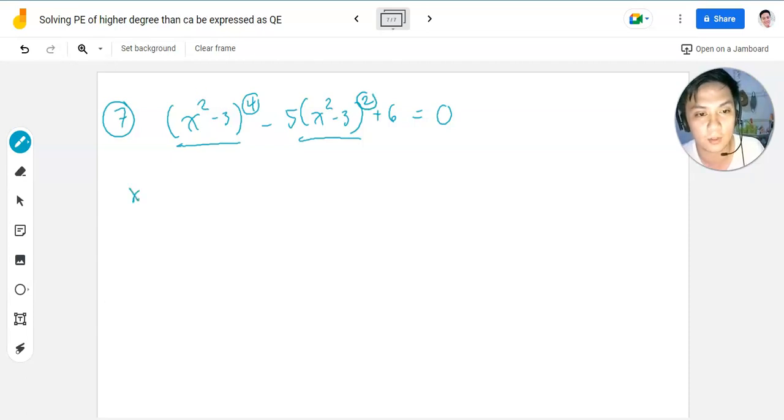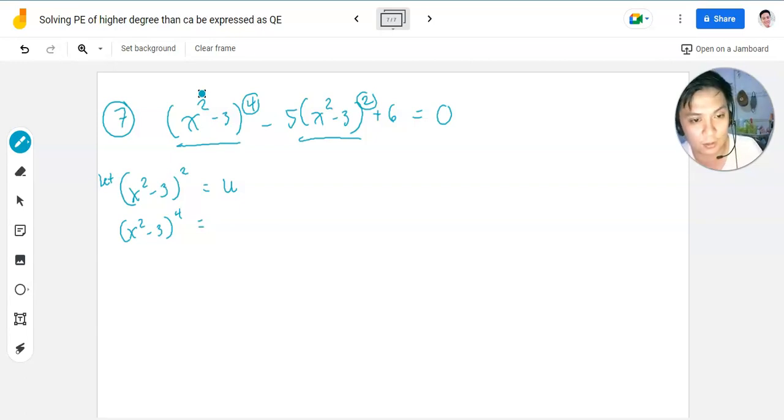So, meaning yung x squared minus 3 quantity squared will be represented as, let's say, u. And therefore, yung x squared minus 3 quantity raised to 4, which is expressible as the square of this. So, magiging siyang x squared minus 3 quantity squared pa.